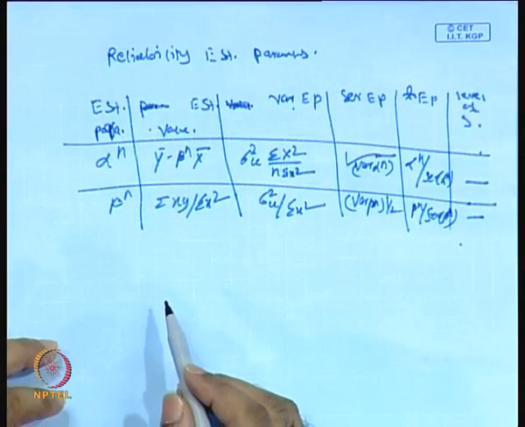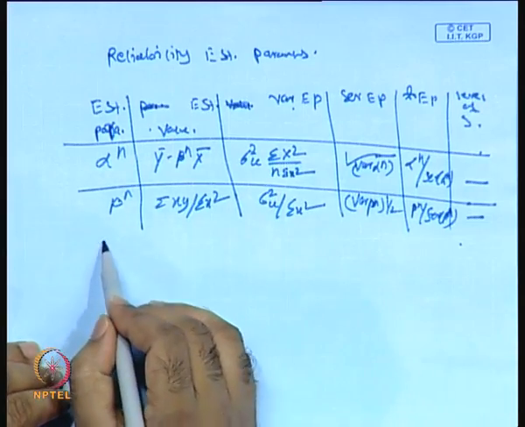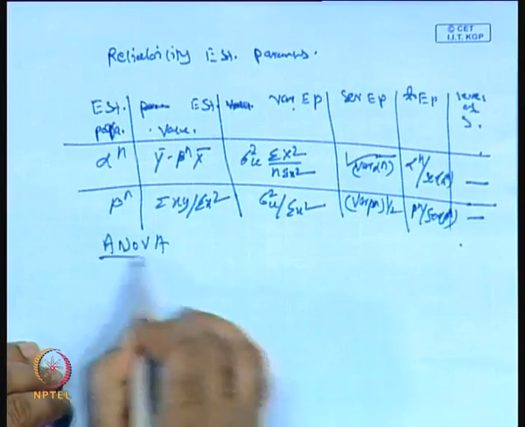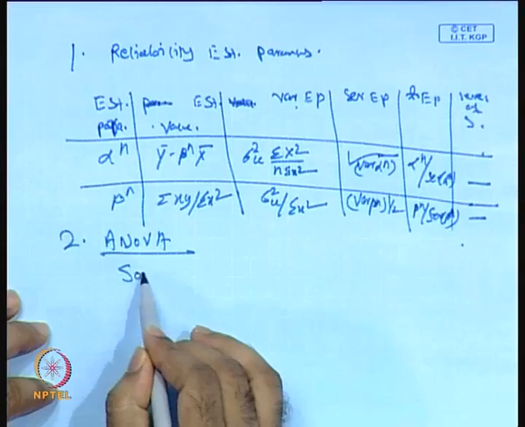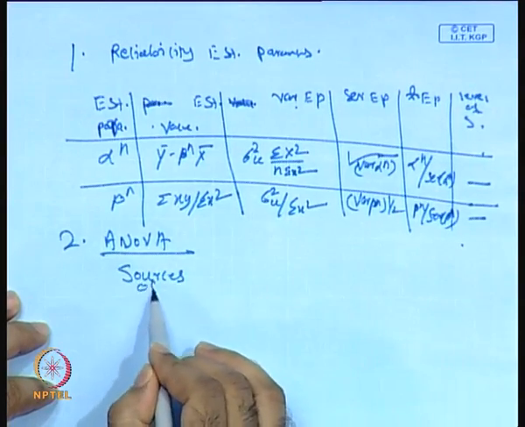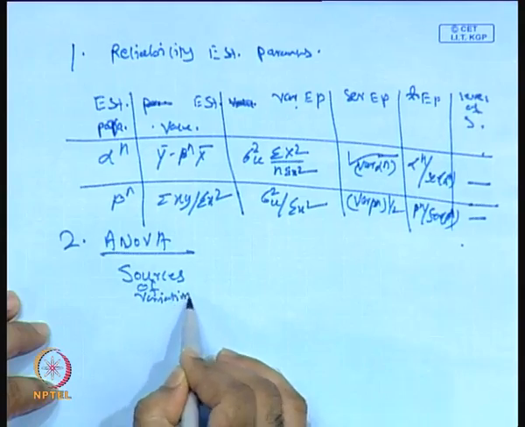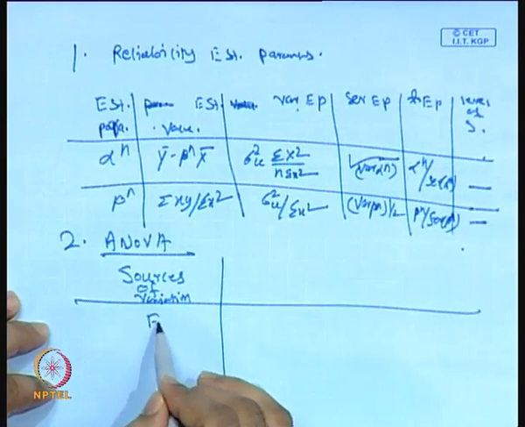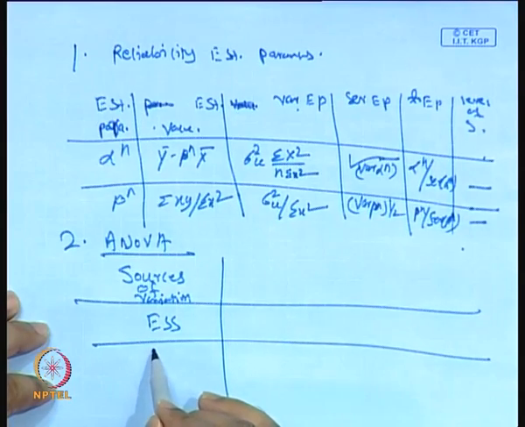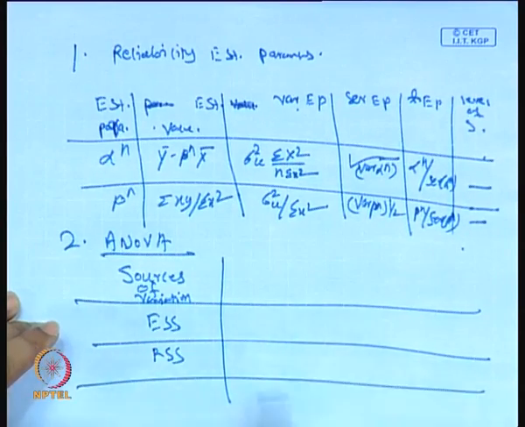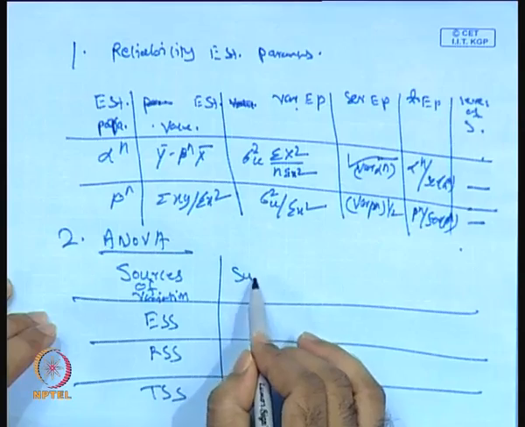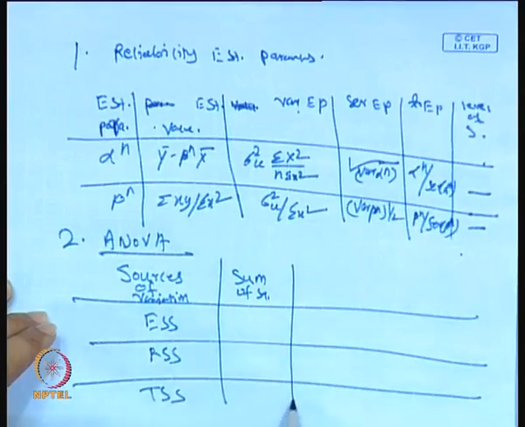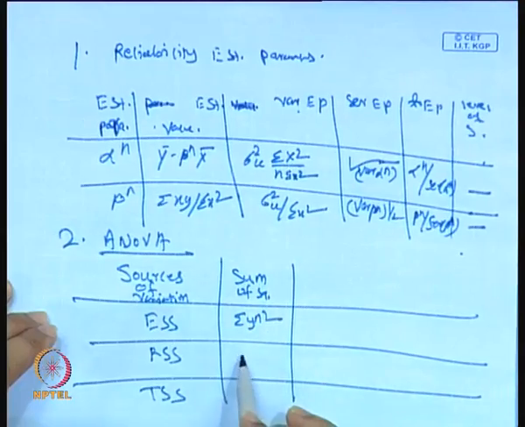Now the second part of the model is the ANOVA, that is analysis of variance. There is a certain structure here, with sources of variation: explained sum of squares, residual sum of squares, and total sum of squares. The sums of squares are summation y hat square, summation e squares, and summation y squares.